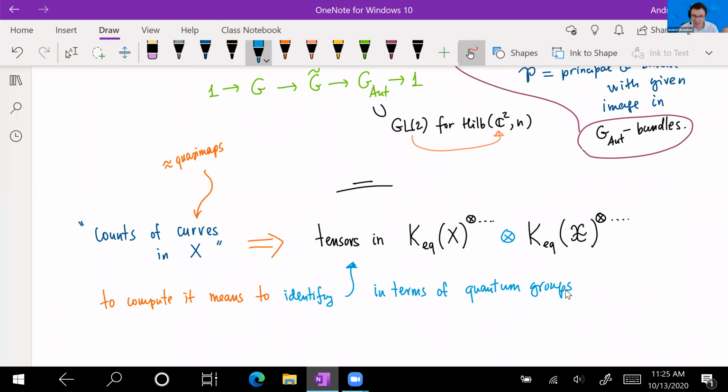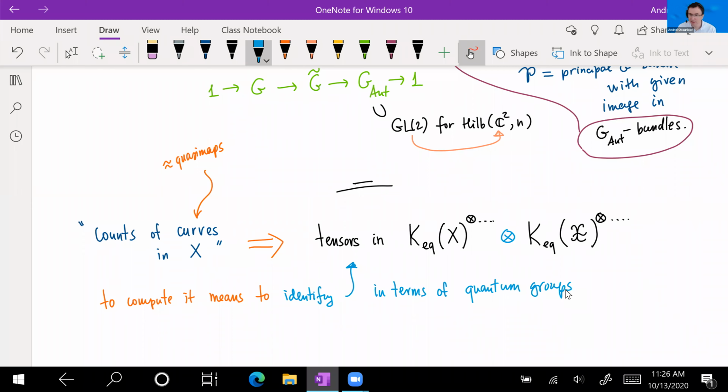But we will say what this tensor is in terms of quantum groups. Sometimes a particular tensor would really be the R matrix. That would be the shape of the answer.